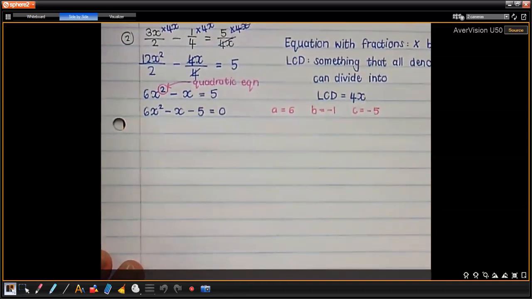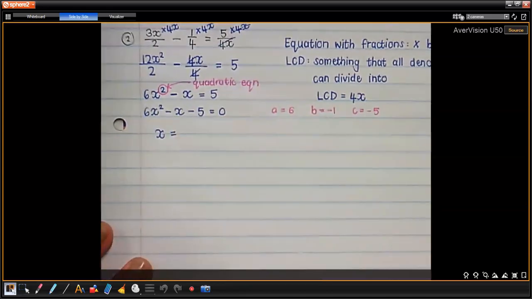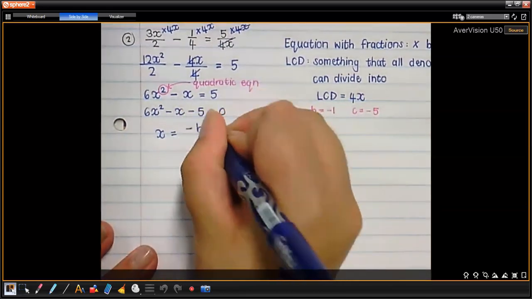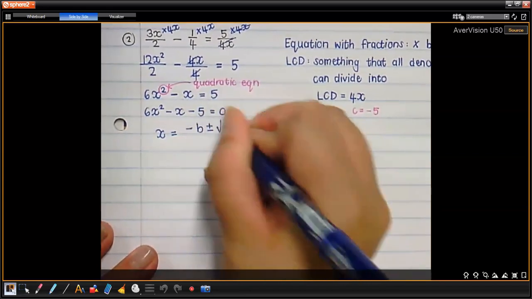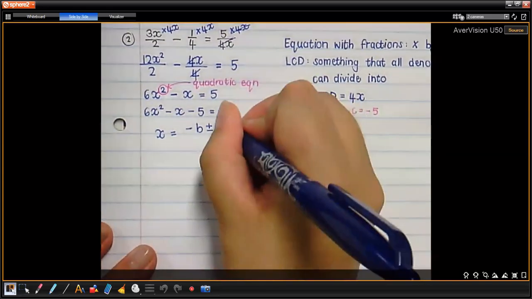Okay, now we're going to write the formula. I'm just going to write it out again because we've been doing a lot of other stuff. I just want to remind you of what that formula is. And guys, you have to memorize this. We're not going to give you this formula in the test or exam this year. Next year you get formula 3, so in grade 11 you have to memorize these.